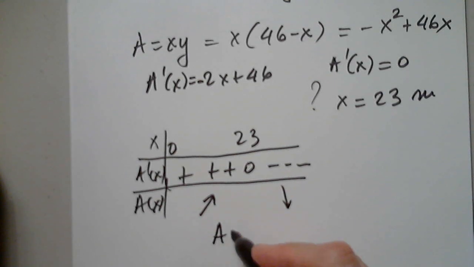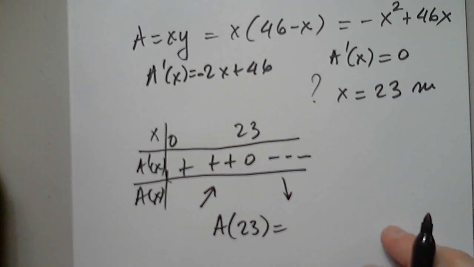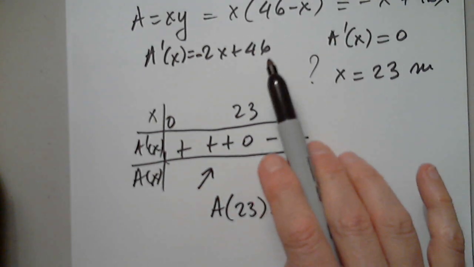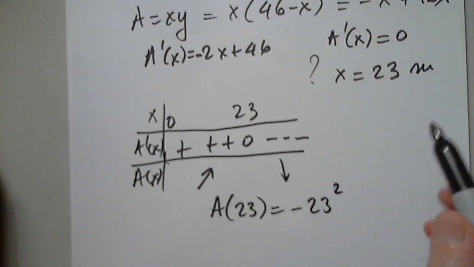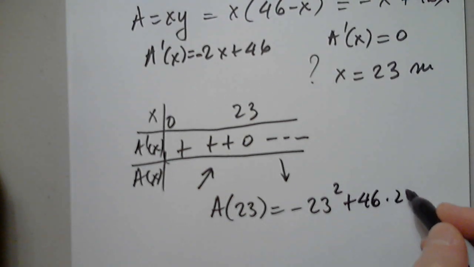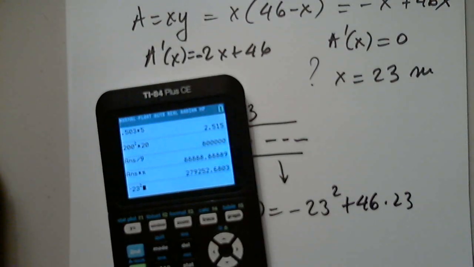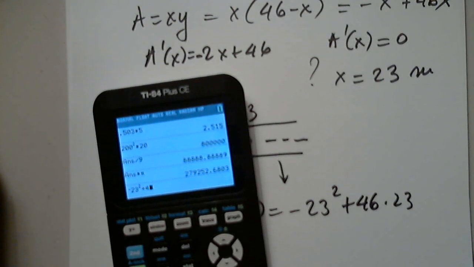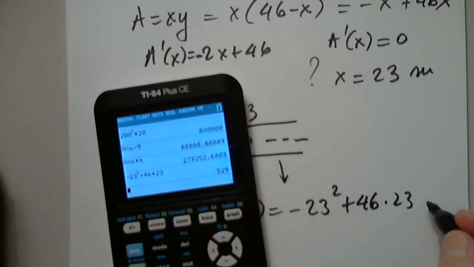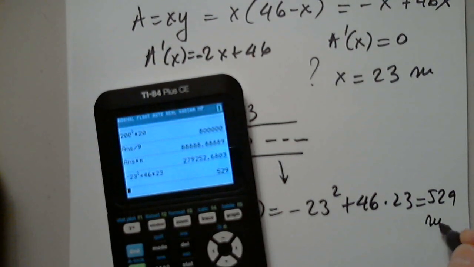I don't know. A of 23 is the maximum. So negative 23 squared plus 46 times 23. Lazy people, use a calculator. 529 meters squared.